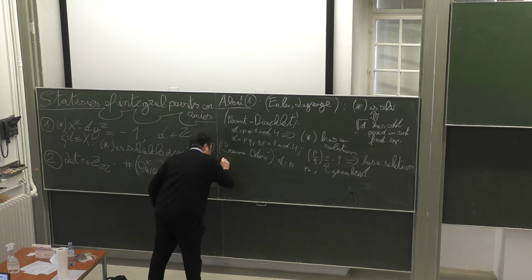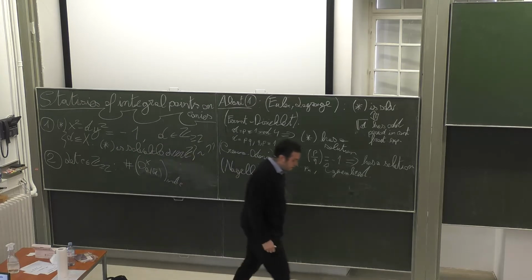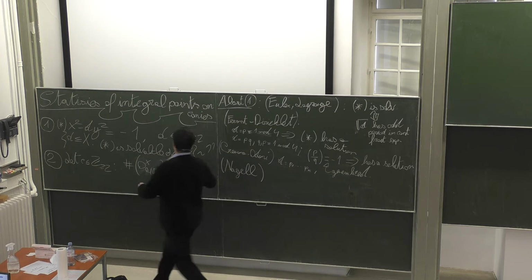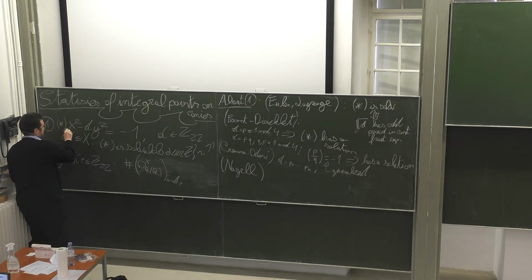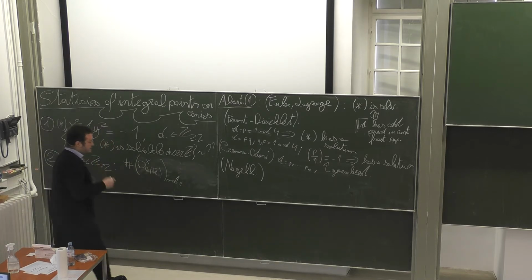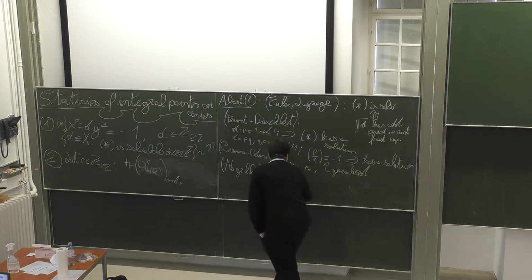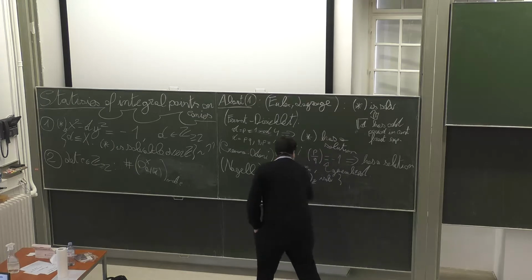A little bit before, actually, Nagel made a conjecture, namely that the number of times this equation star has a solution should be a positive proportion of the number of times the same equation has a solution over Q. So let me change the notation a little bit and call this star Z, meaning that it's solvable over Z, and star Q will mean that it's solvable over Q. I will write the number of D less than X such that star Z is solvable, divided by the number of times the rational equation is solvable.